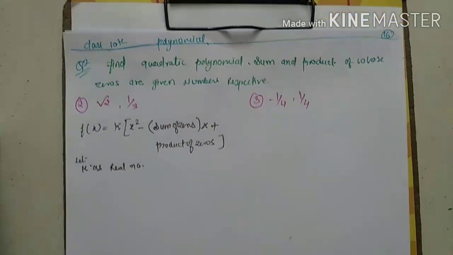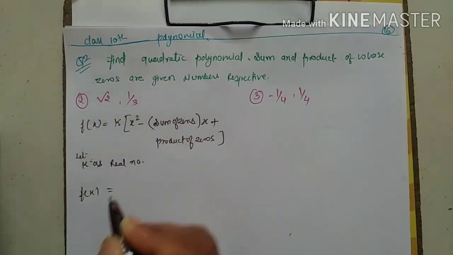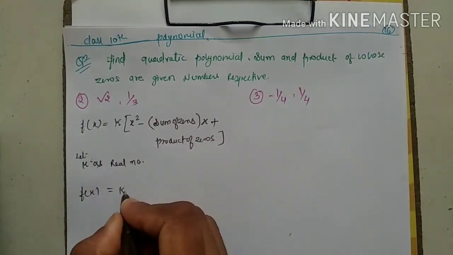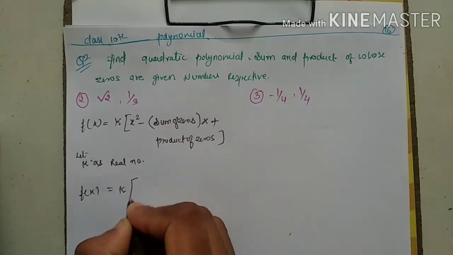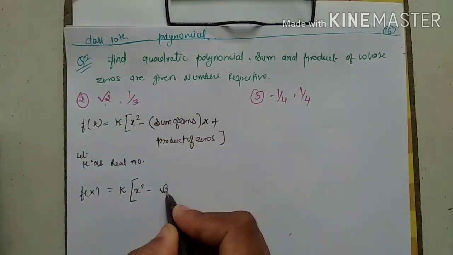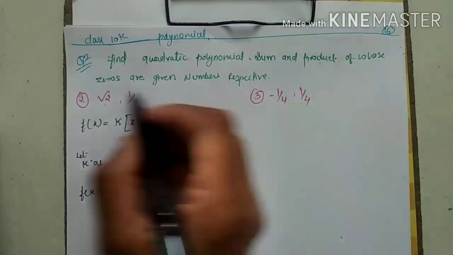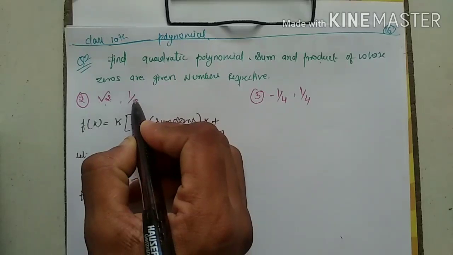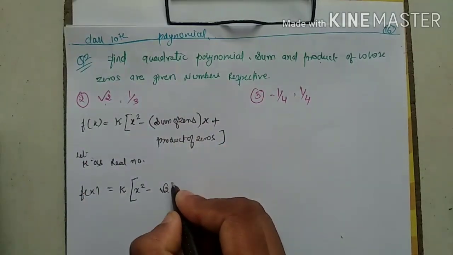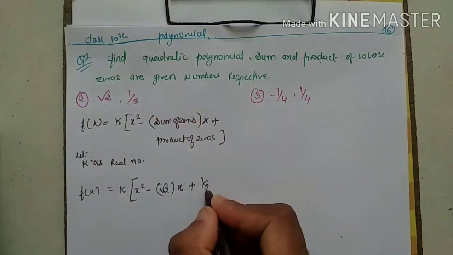Now just apply whatever is given. f(x) equals k as it is, because we don't have a constant value for k, times x square minus sum of zeros, which is root 2. Respectively, so one is the sum of zeros and one is the product of zeros. So this one is the sum of zeros and this one is the product of zeros. Into x plus product of zeros, which is 1 by 3.